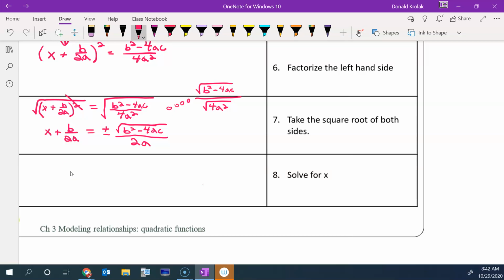Now solve for x. All you have to do is move b over 2a. I'm going to subtract b over 2a from both sides.